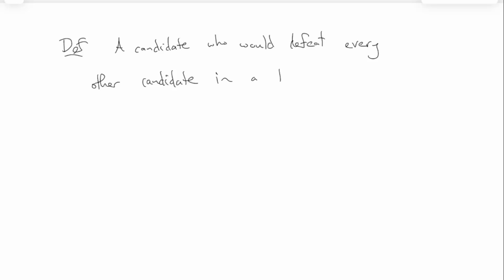It says a candidate who would defeat every other candidate in a one-on-one comparison is called a Condorcet winner of the election.